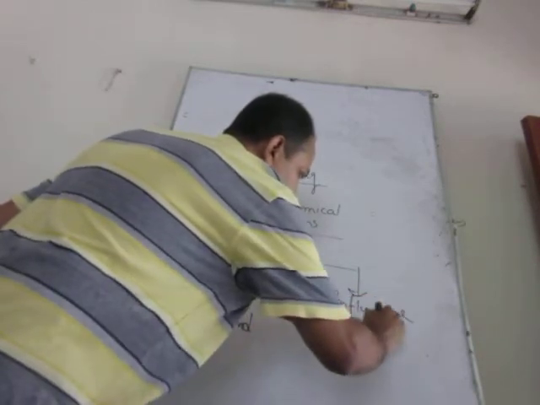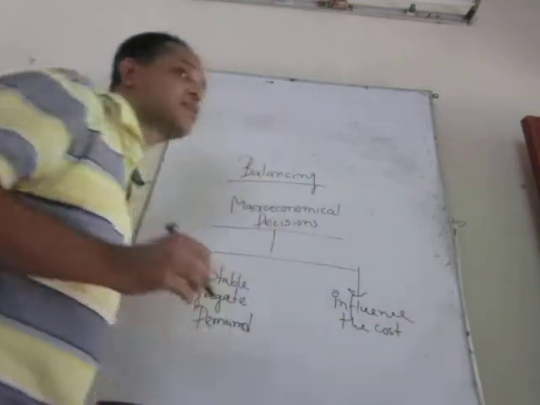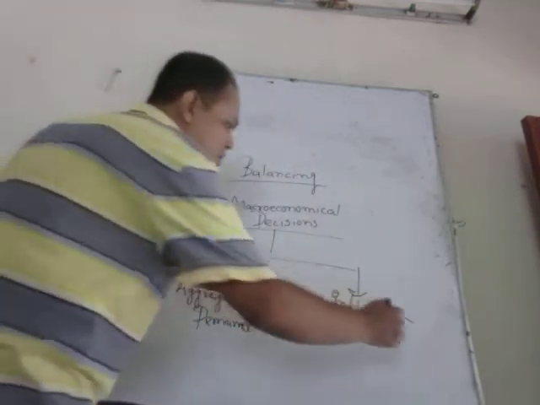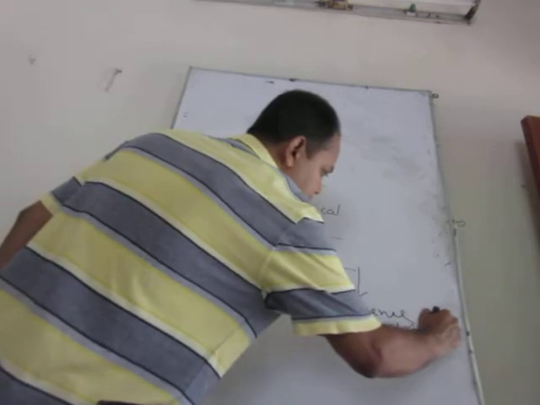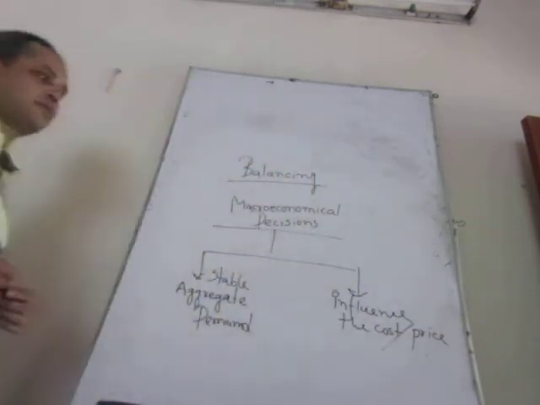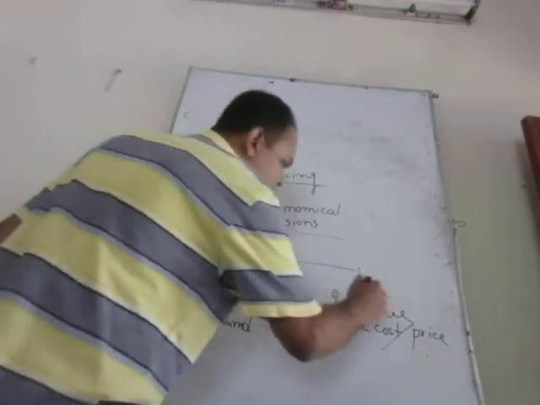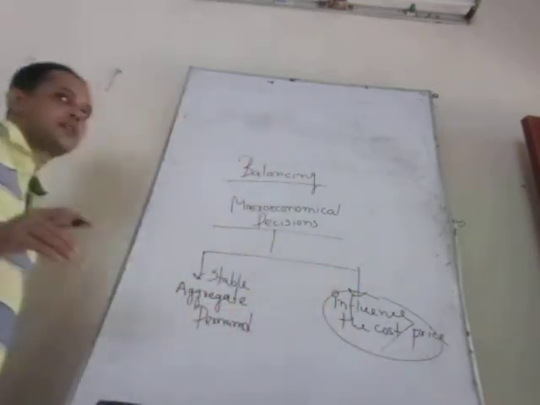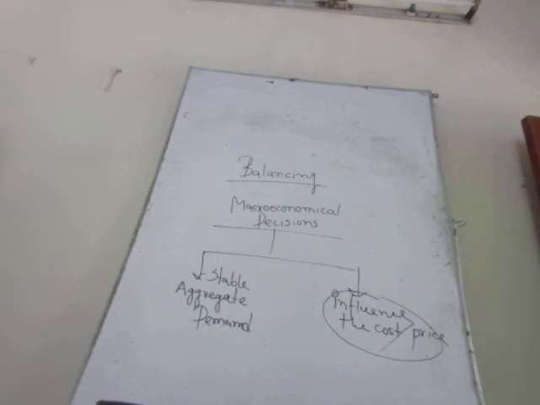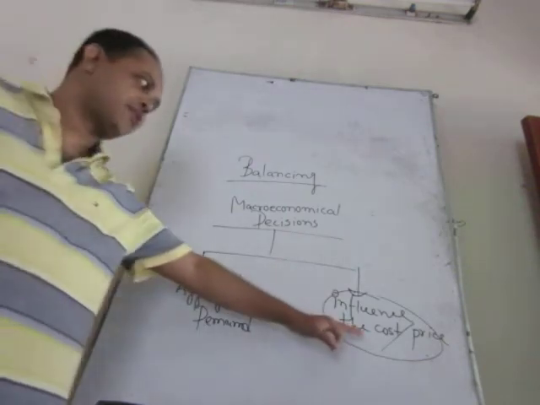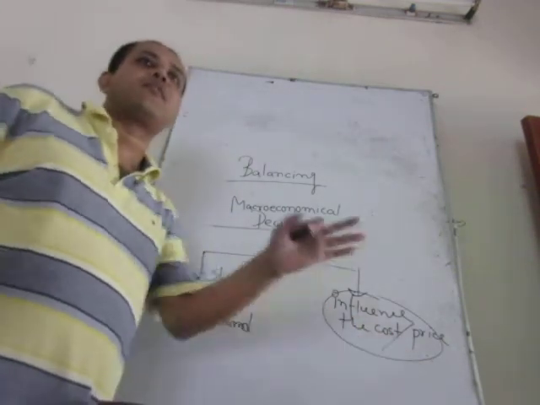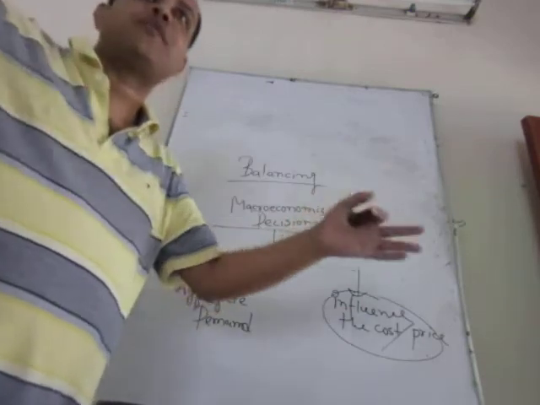And number two, influence the cost, or you can say price. The fact is, if the government wants to influence the price, there will be some strategy. In the case of influencing the cost or price, government has three different kinds of strategy.